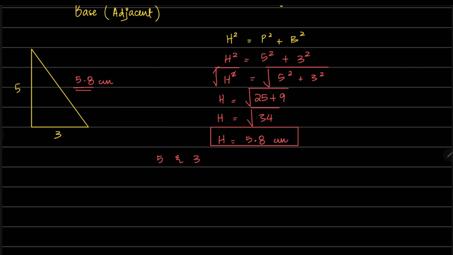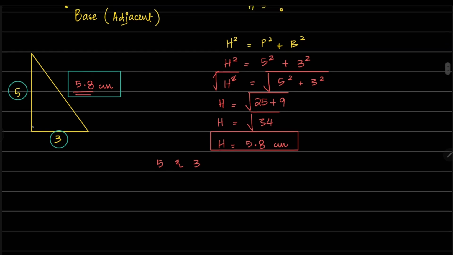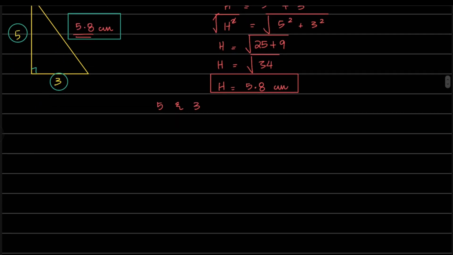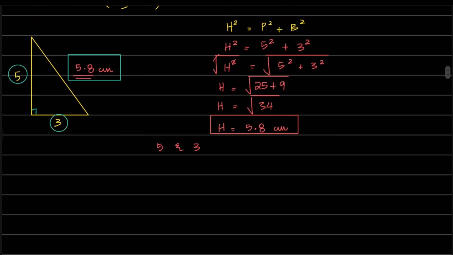One thing to observe here is that the perpendicular and the base will always be smaller than the hypotenuse. Always remember this. Over here was a simple scenario where we just had to find the hypotenuse.